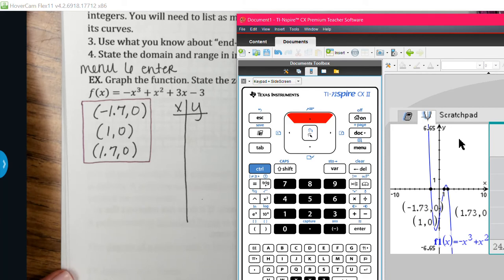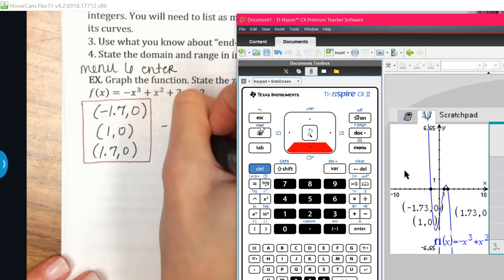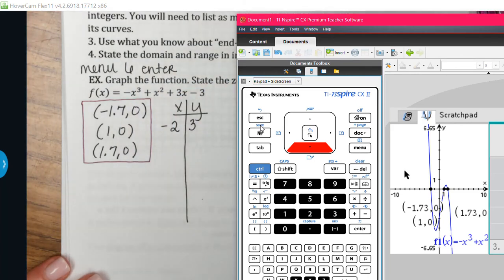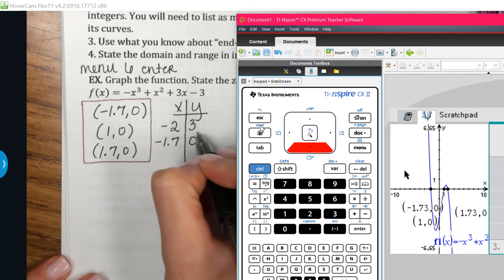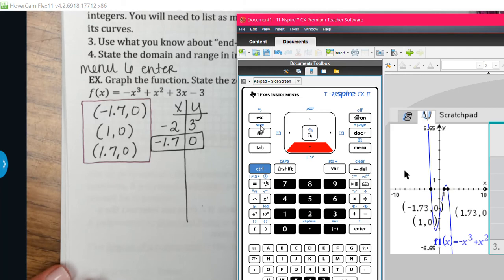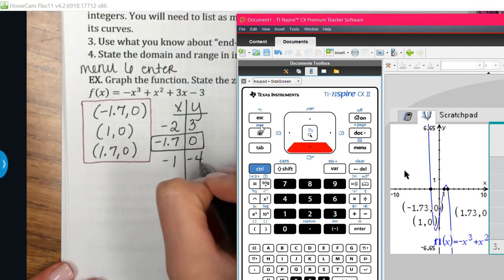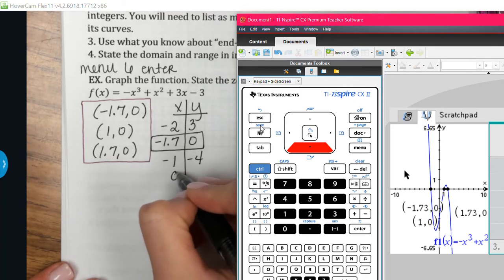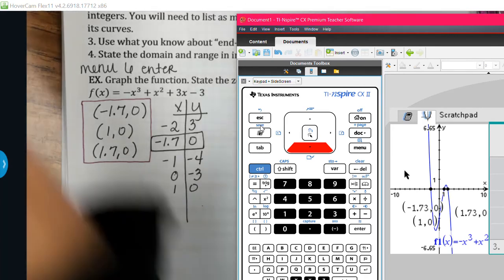Now if I go to negative 3, 24 is obviously not going to fit on my graph. So negative 2, 3 will be my first point. Then I'm going to include my negative 1.70 because that is a 0. I'm going to include that in my table also. Negative 1, negative 4, 0, negative 3, 1, 0.